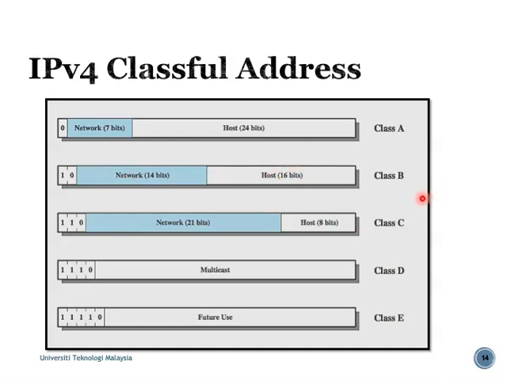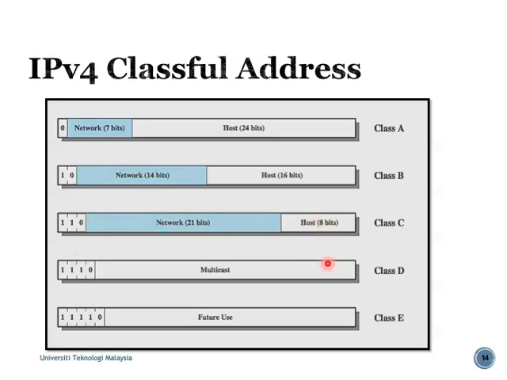Then we move to class C. For class C, the first 3 bits are 110, which is used to identify class C. The network part is 21 bits, and the host part only takes 8 bits. So this is reserved for many networks, each with a few hosts.